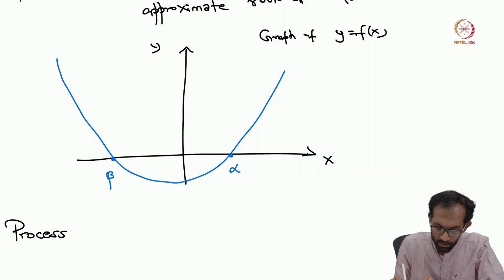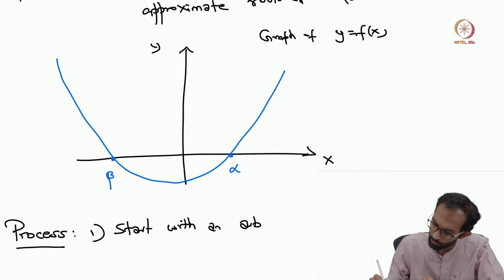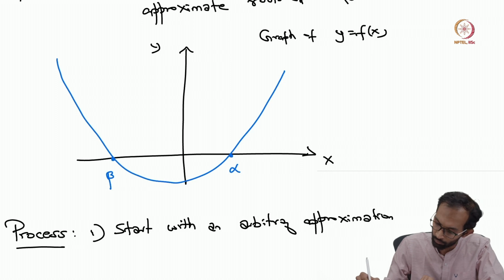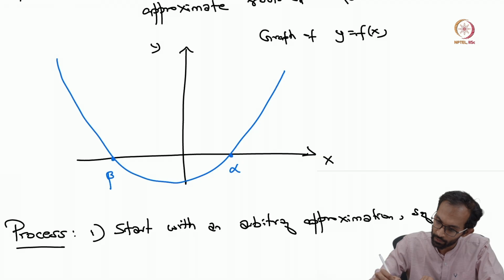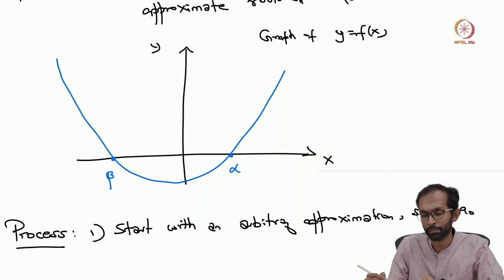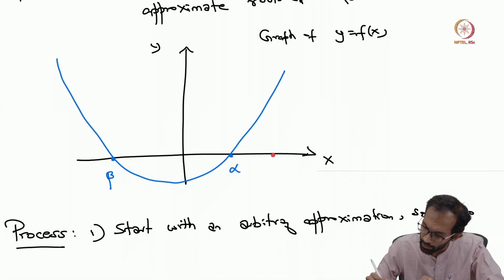The process is, let's say you start with an arbitrary approximation, say x equals a naught. You really want to find alpha, but maybe the function is complicated and you don't have a handle on the root, so you just begin with some random a naught.